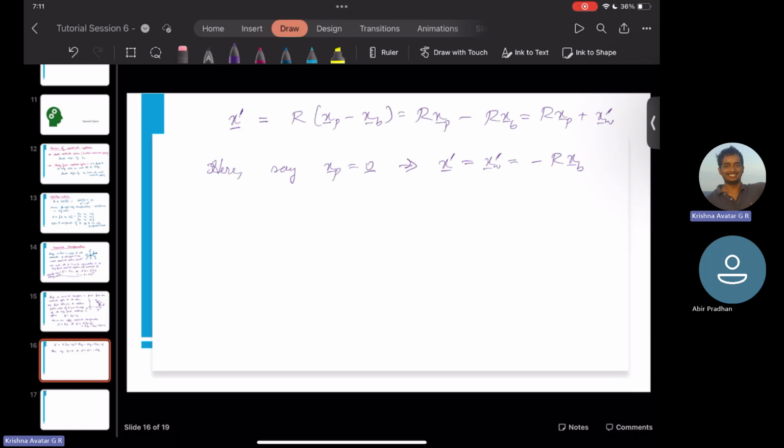And now going back, so this is essentially the representation of the origin of the universe, of the world coordinate system, in the body fixed coordinate system.